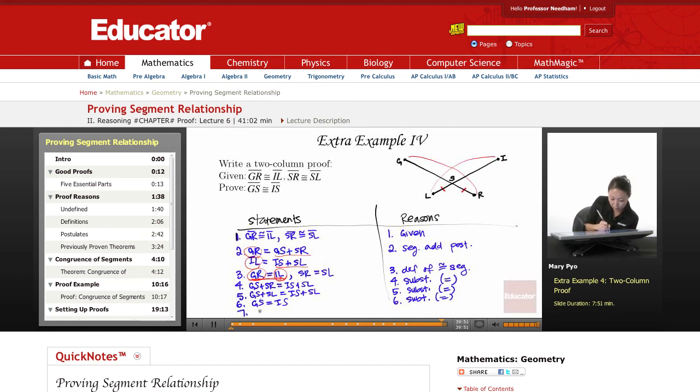So my last step is GS congruent to IS, and the reason is the definition of congruent segments. Okay, and that's it. We proved that GS is congruent to IS. Remember, we use the segment addition postulate because I have this whole segment and then I need to use these parts. So parts to the whole, use the segment addition postulate.